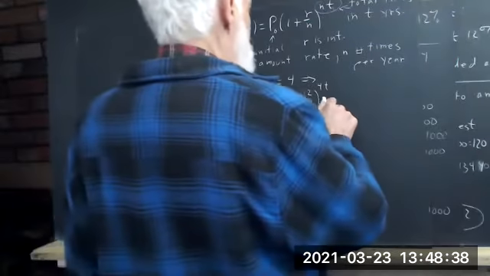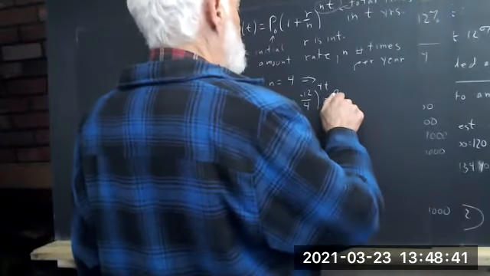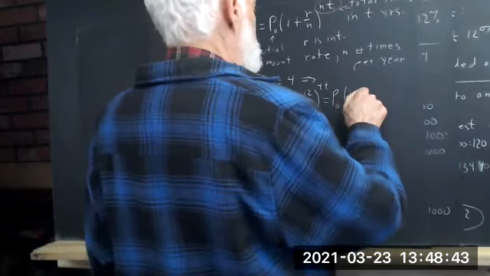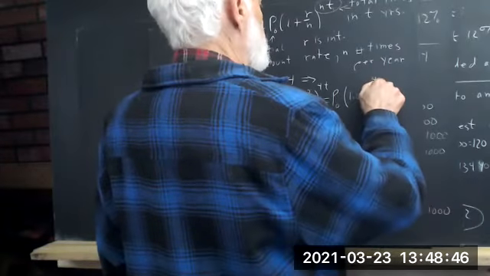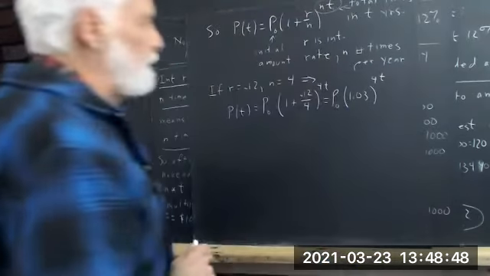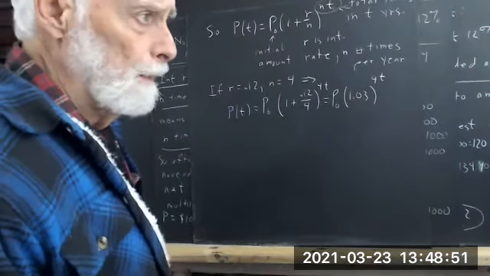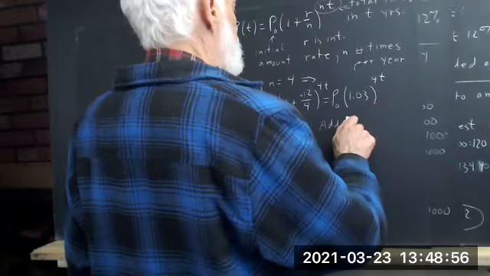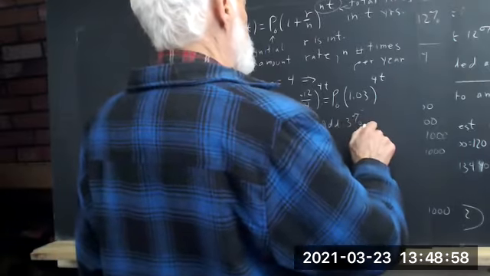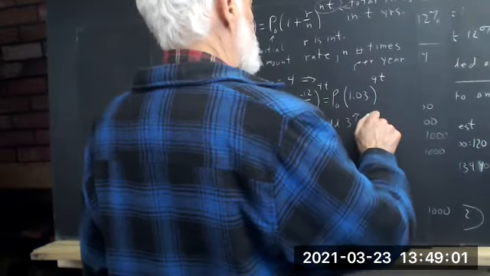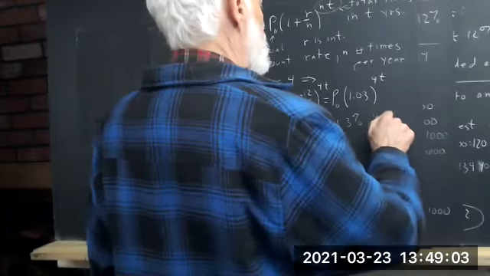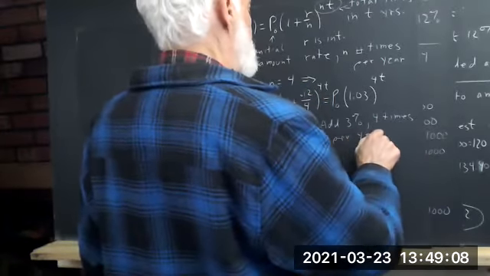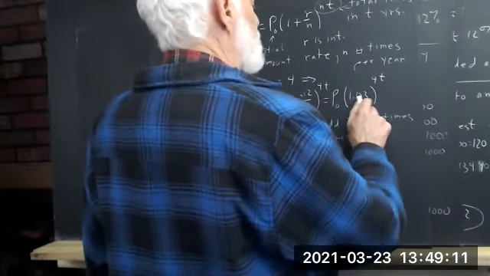So we understand that this is P naught times 1.03 to the 4t, meaning that we add 3%, and it's got to be 4 times per year.